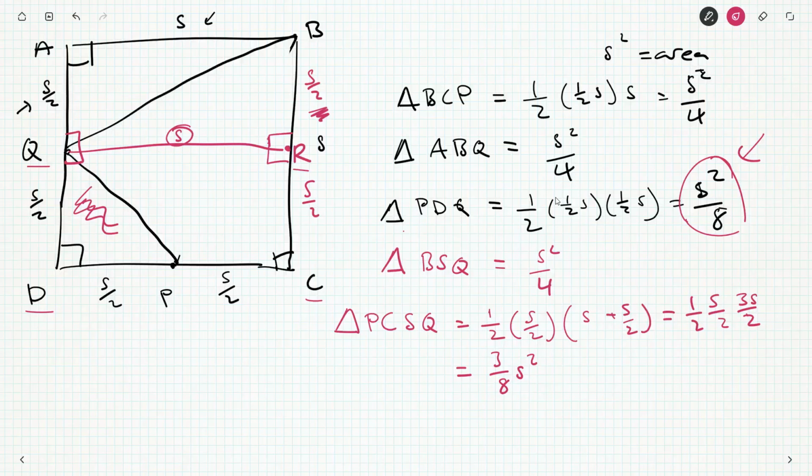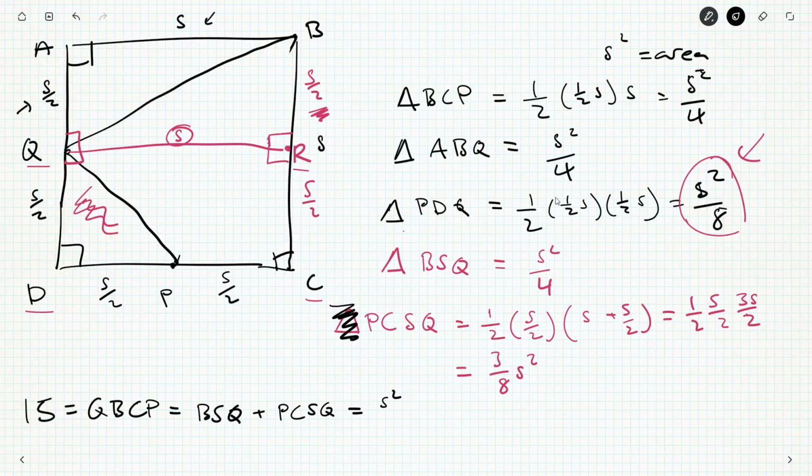Okay. But let's switch back to black. We know that 15 is QBCP, but that's the same as BSQ plus PCSQ.